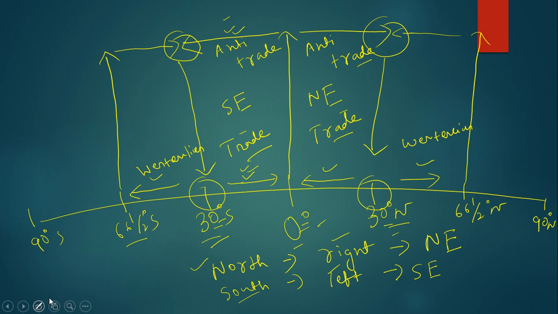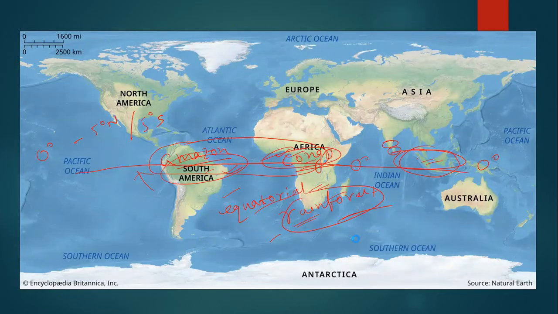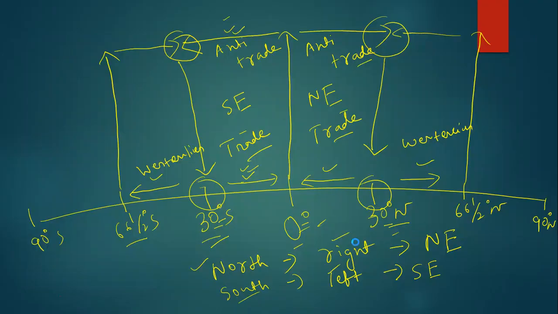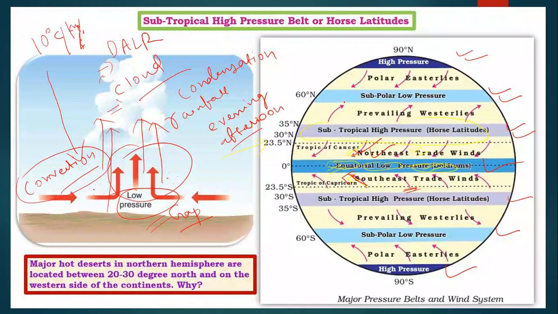Now, just look at the diagram of the westerly wind. Here, the wind is moving towards the right.